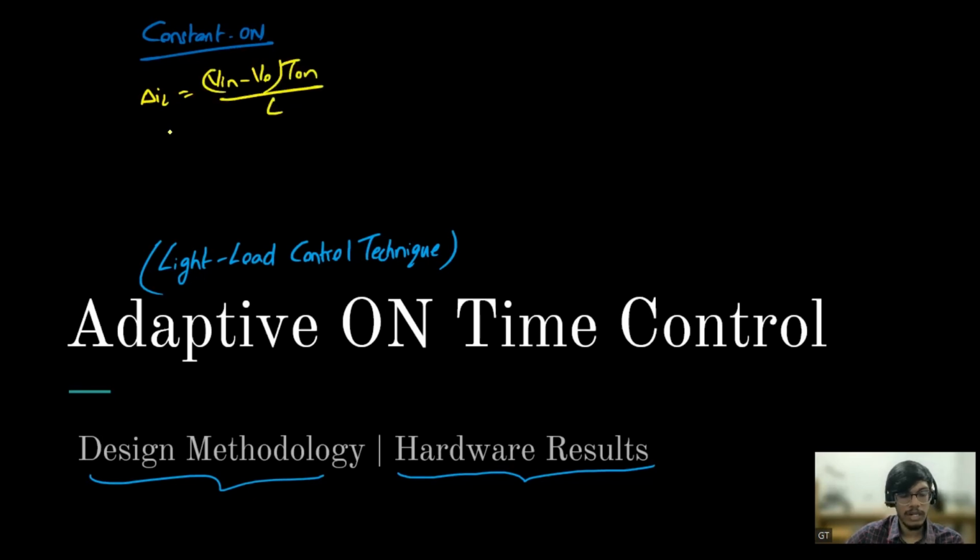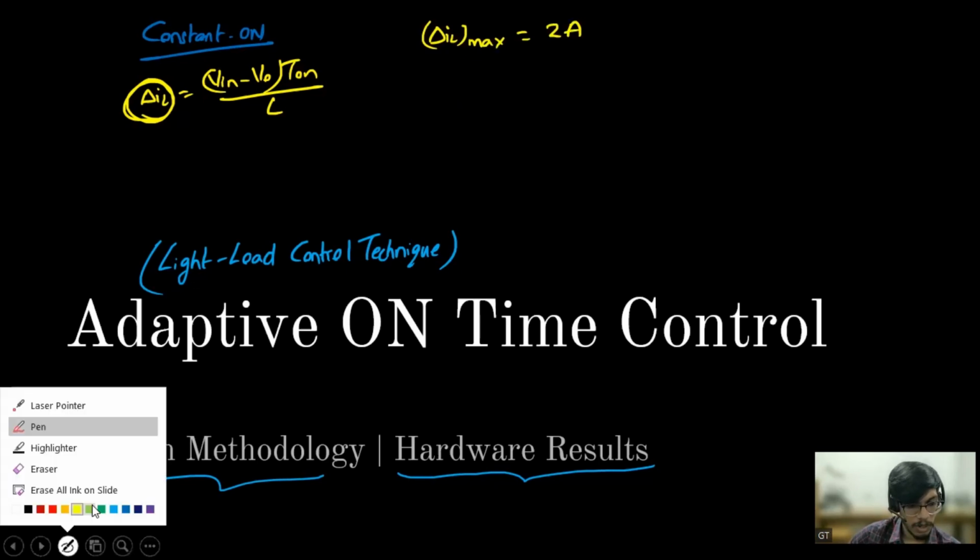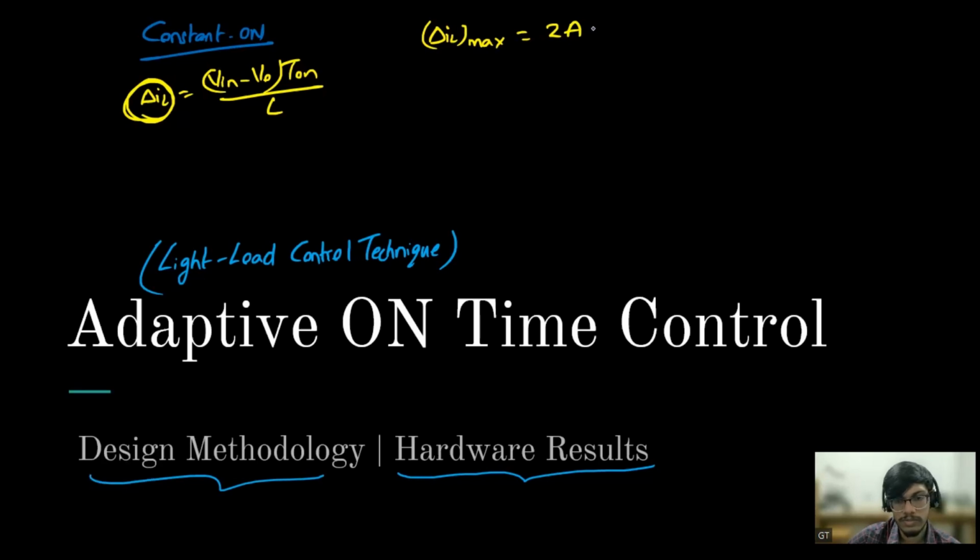So I know that for a fixed application, I will decide the maximum worst case scenario of delta IL, right? So I will say delta IL maximum should be say 2 amperes. And when will this delta IL maximum happen? Maximum input or minimum input? Maximum input, V in maximum.